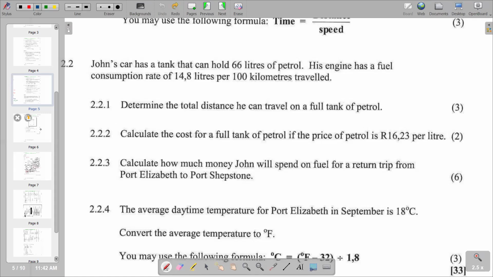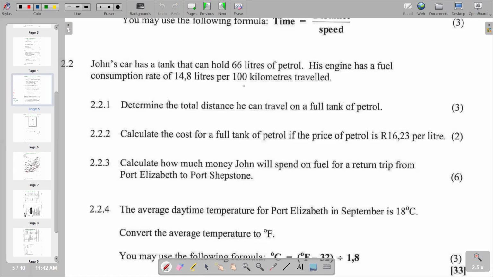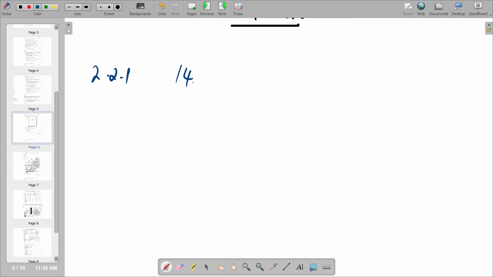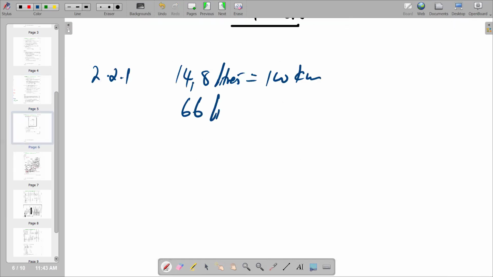So we make a simple proportion, 2.2.1. 14.8 liters is to 100 kilometers. So what about 66 liters? Obviously, we need more kilometers. What we don't have is 66, so 66 is the numerator, and 14.8 is the denominator.